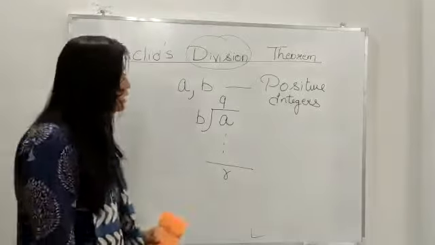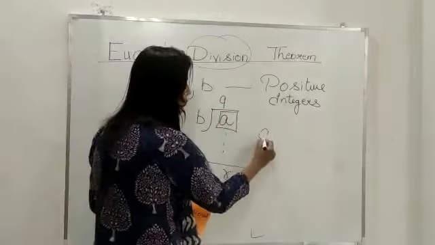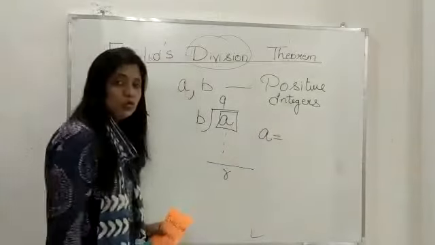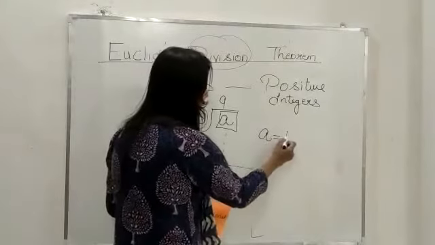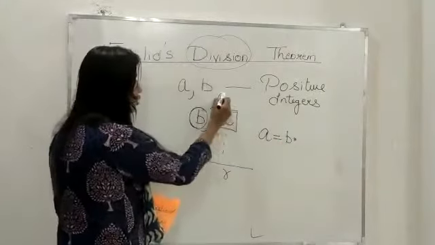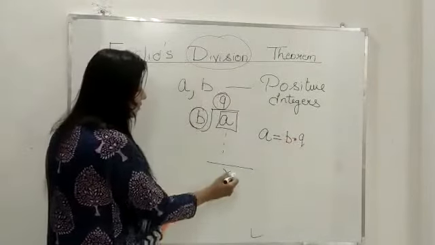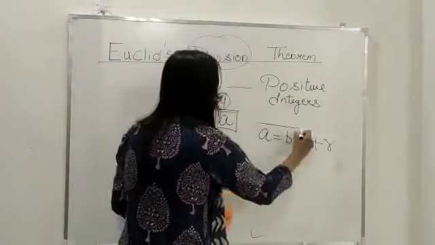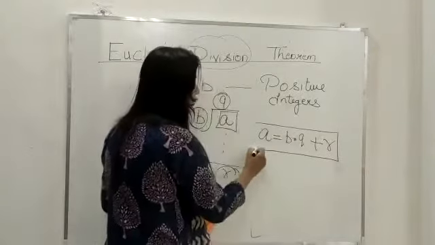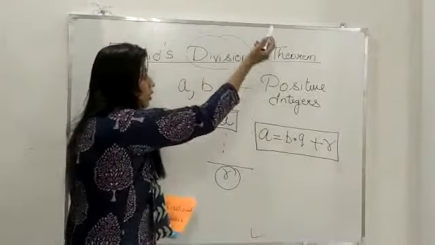In that process, your dividend, that is A, is equal to your divisor, that is B, multiplied by your quotient, that is Q, plus remainder, that is R. What you have studied, that is long division, is the same as Euclid's division theorem.